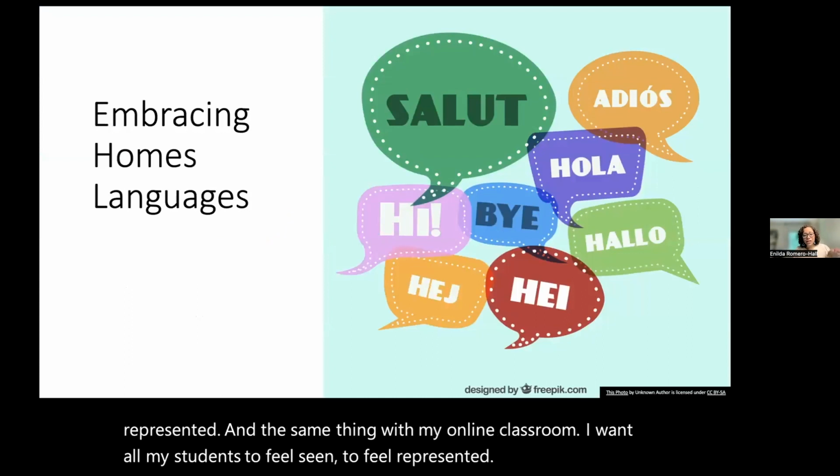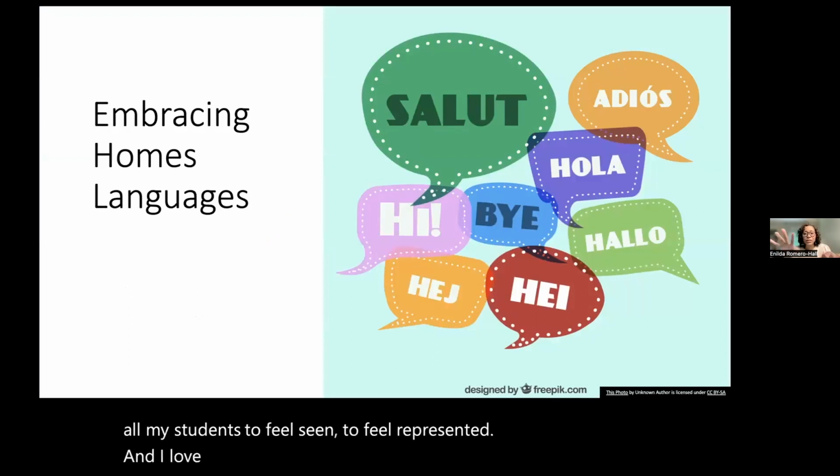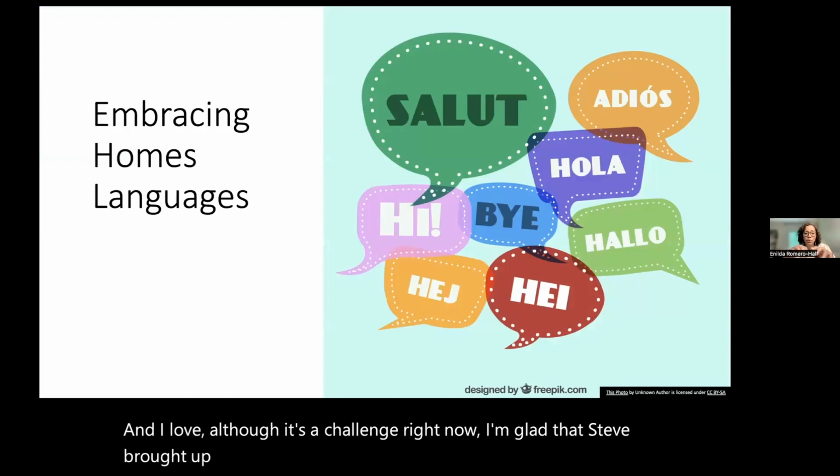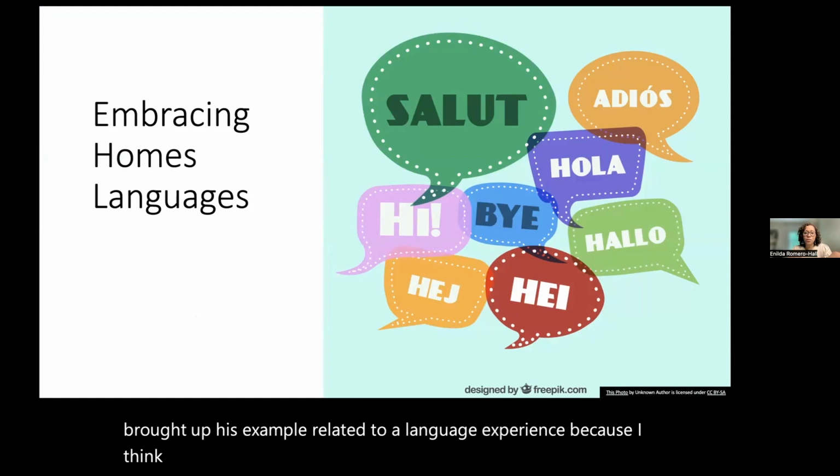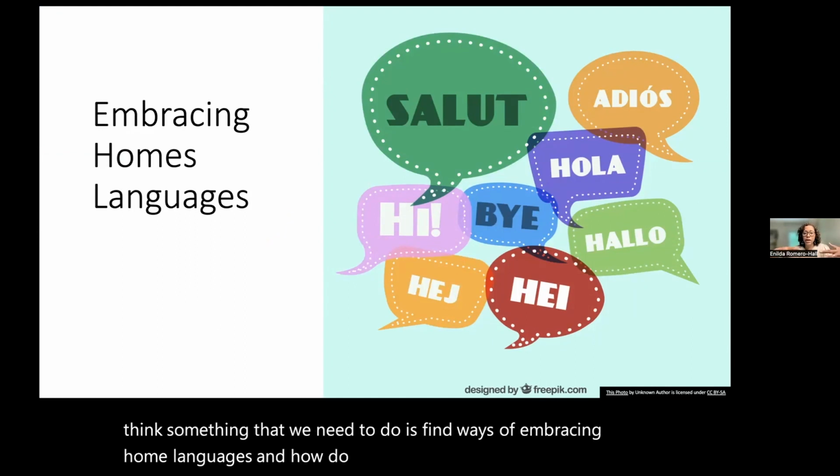And although it's a challenge right now, I'm glad that Steve brought up his example related to a language experience, because I think something that we need to do is find ways of embracing home languages and how we integrate that into the learning experience.